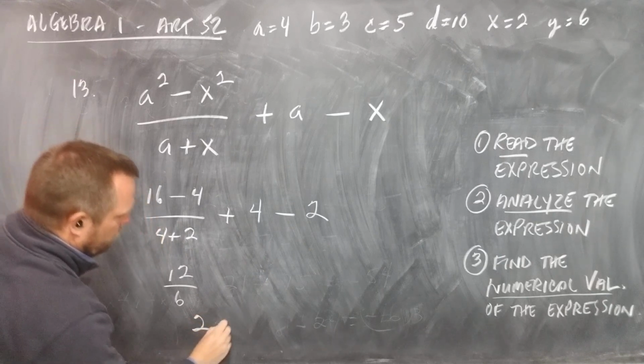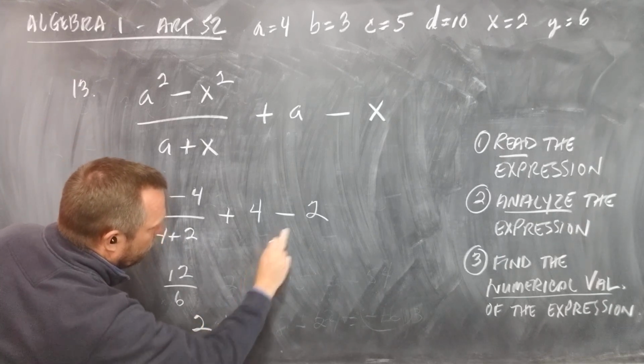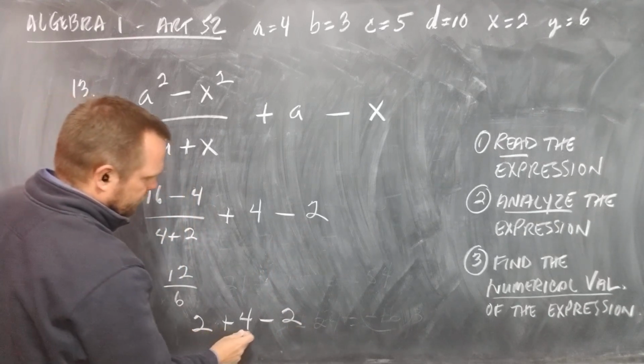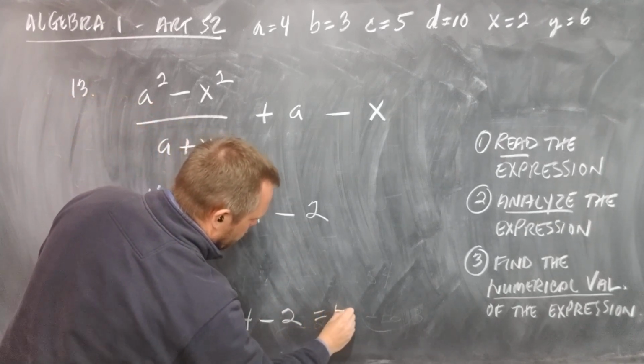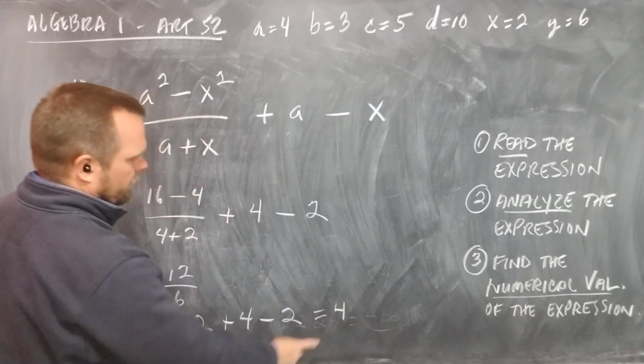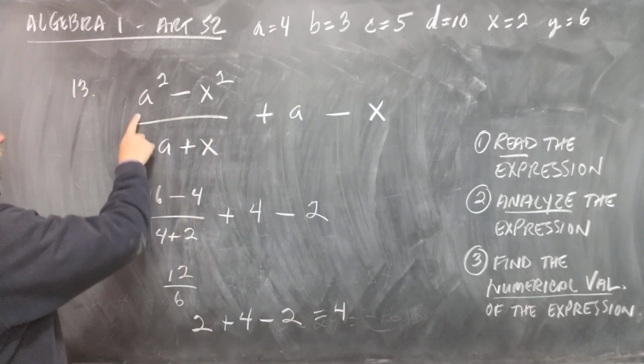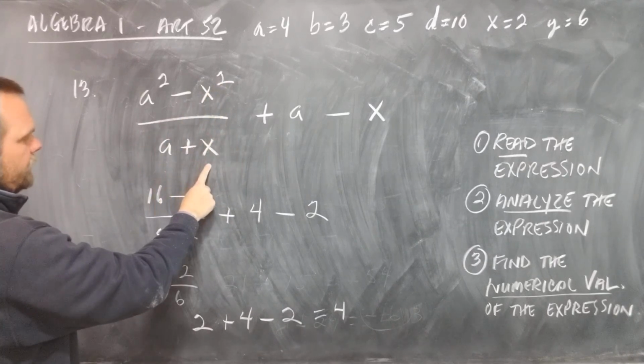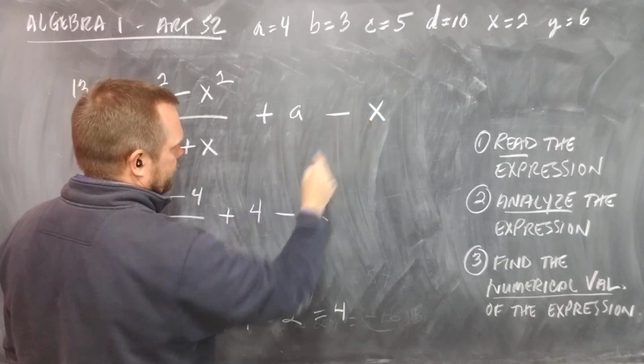So we have 2 plus 4 minus 2. 2 plus 4 is 6 minus 2 equals 4. And that's our numerical value for a squared minus x squared over a plus x, plus a minus x.